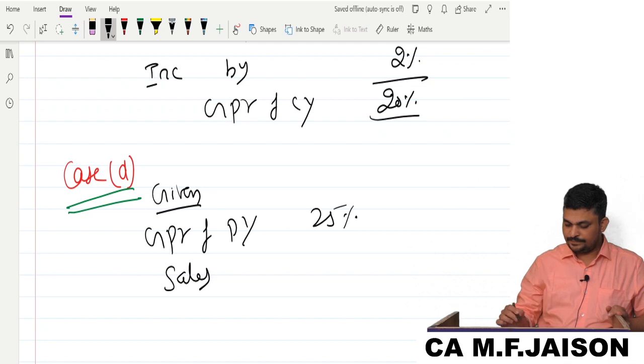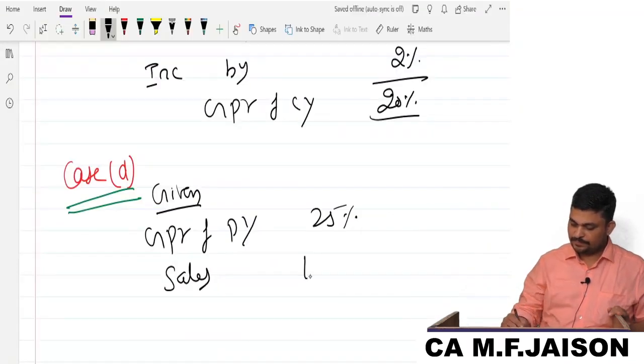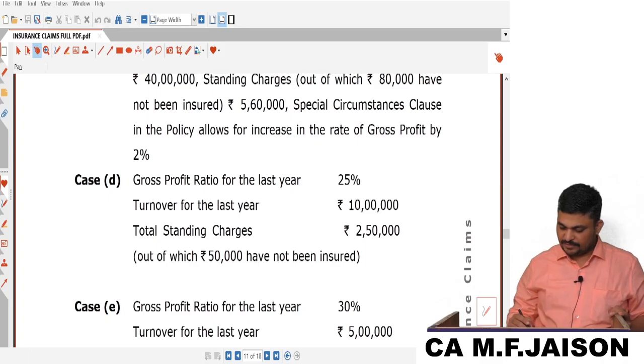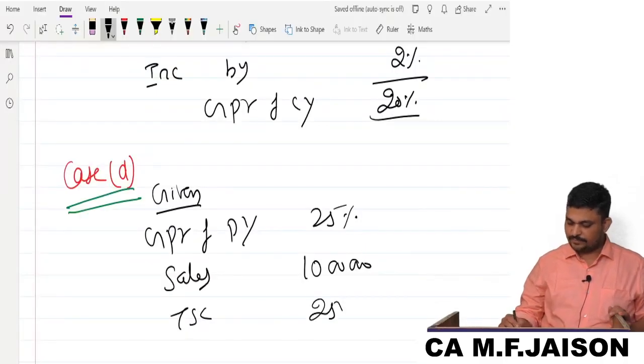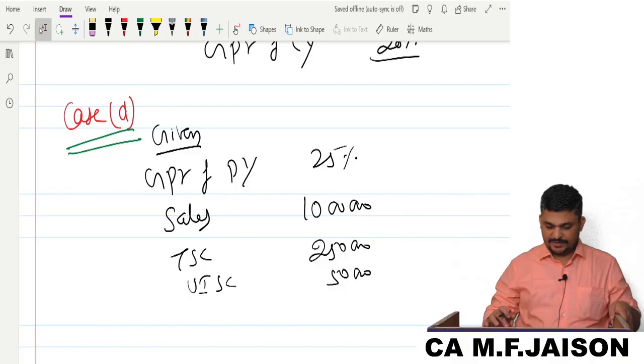Sales 10 lakhs. Total standing charges 2,50,000. Uninsured standing charges 50,000. This is the information given.